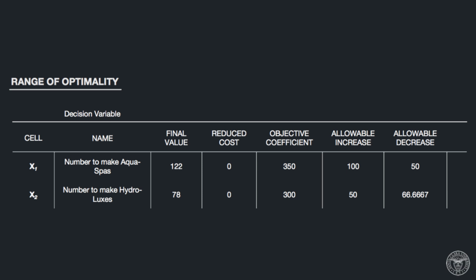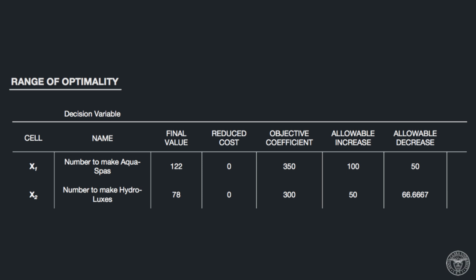If we keep looking at the x1, we find that the current coefficient value is 350, and we have an allowable increase of 100 for x1, and allowable decrease of 50 for x1. So this 100 is the allowable increase for the coefficient of x1, and this 50 is the allowable decrease for the coefficient of x1.